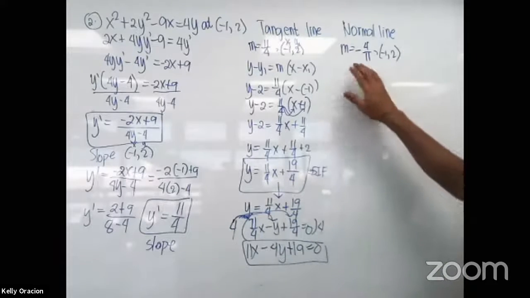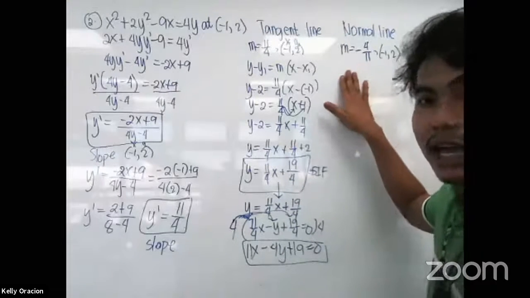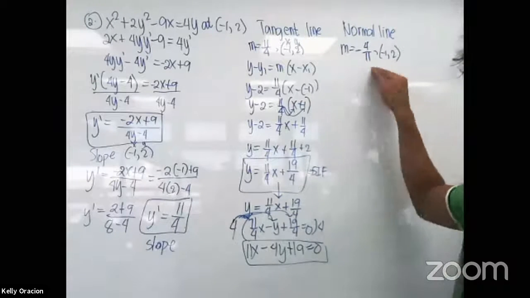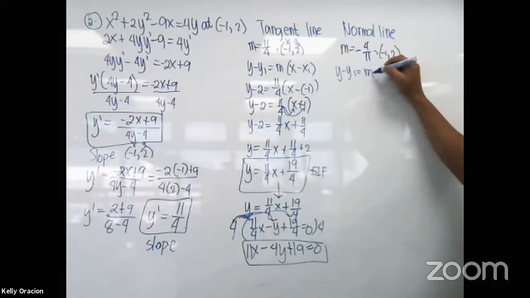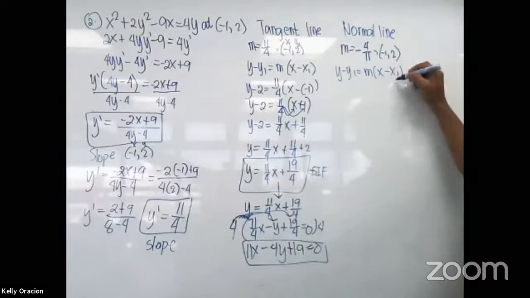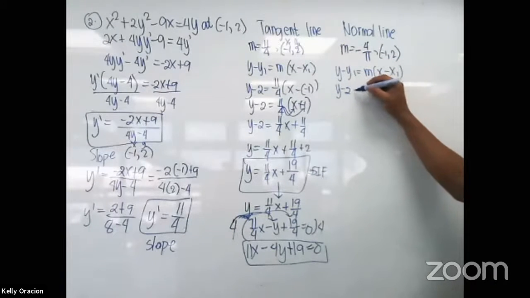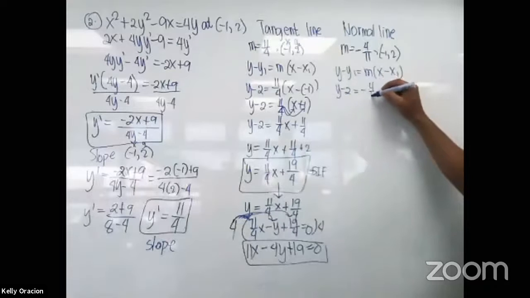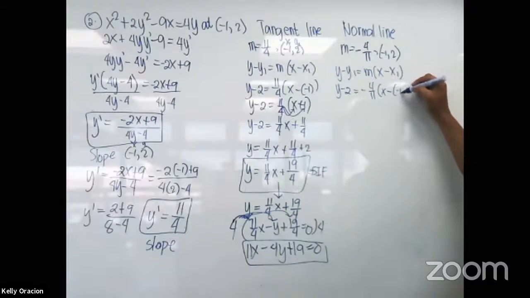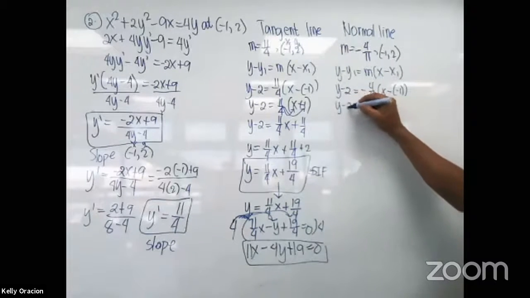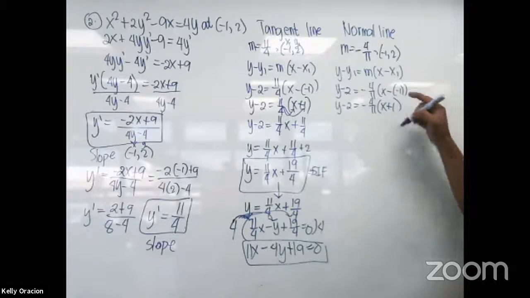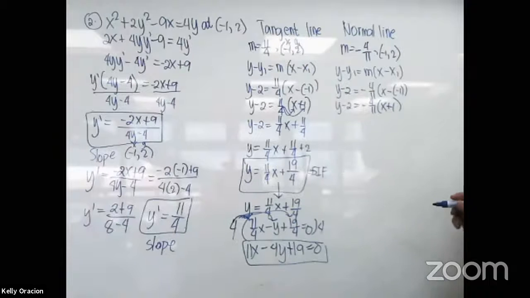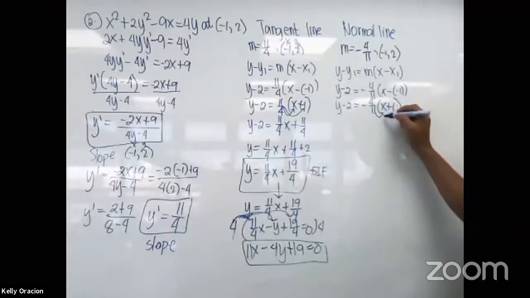And for our normal line, same process lang. Again, same process lang. Normal line. You have y minus y sub 1 and x minus x sub 1. So y minus 2, our slope is negative 4 over 11, then x minus negative 1. So y minus 2 is equal to negative 4 over 11. Then distribute.